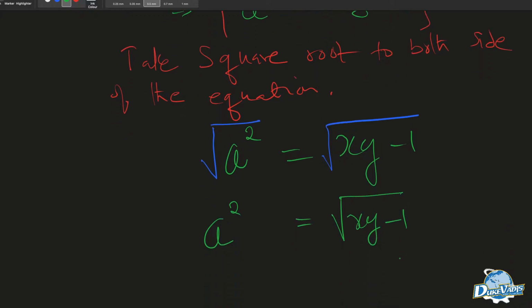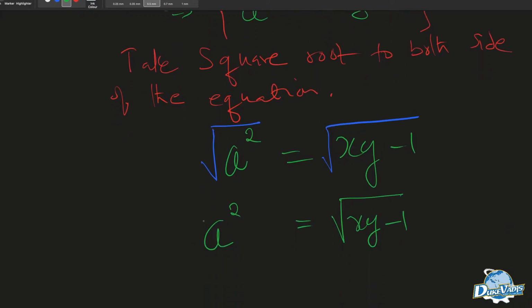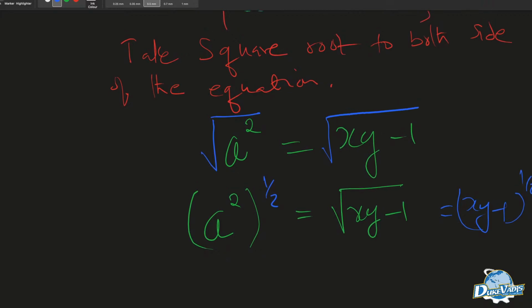But the square root sign over here means raised to the power half. This is also xy minus 1 raised to the power half. But that is not our interest, because the square root of any number means that number raised to the power half.